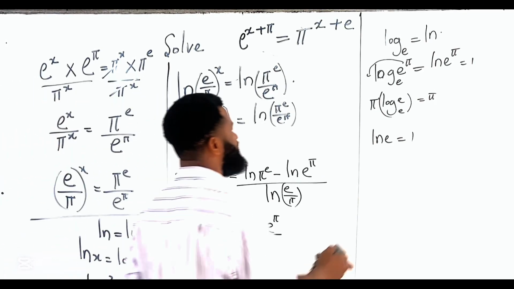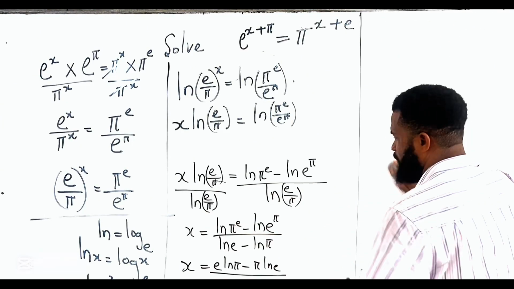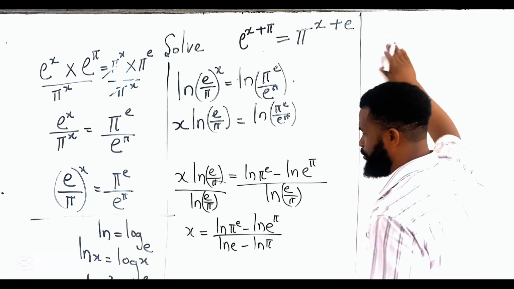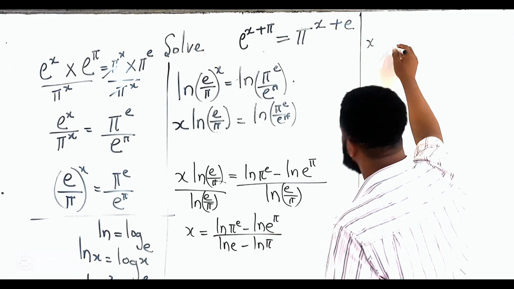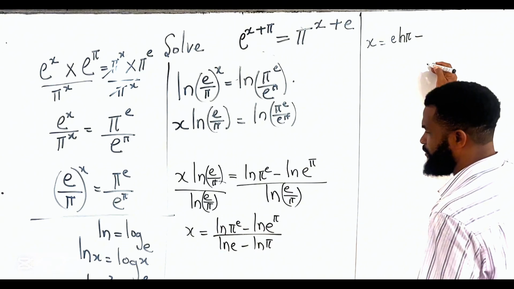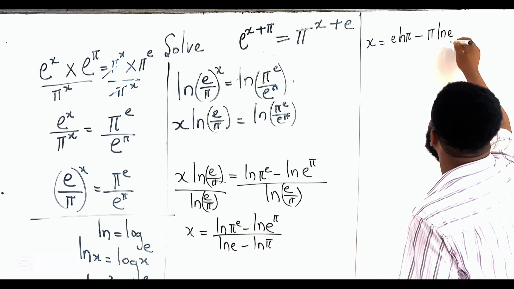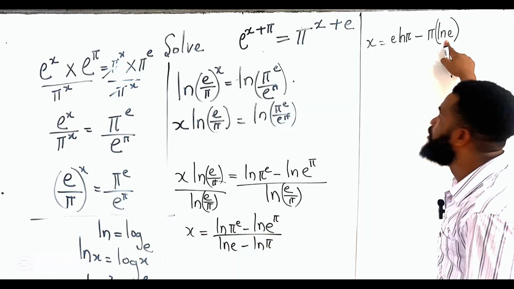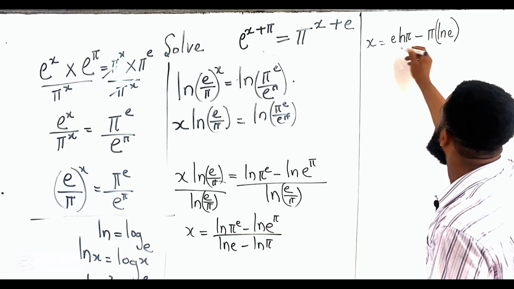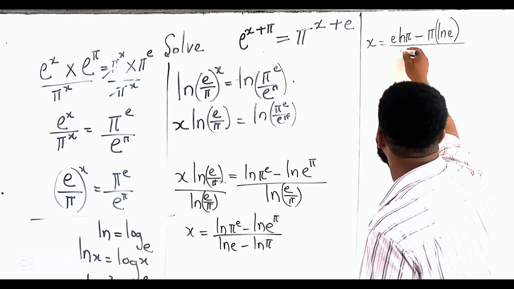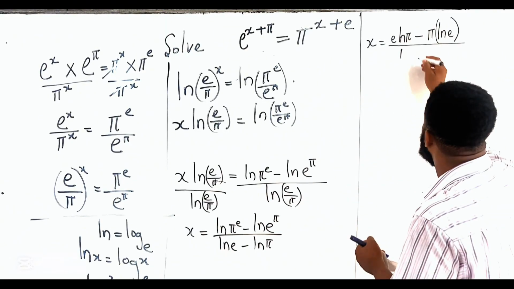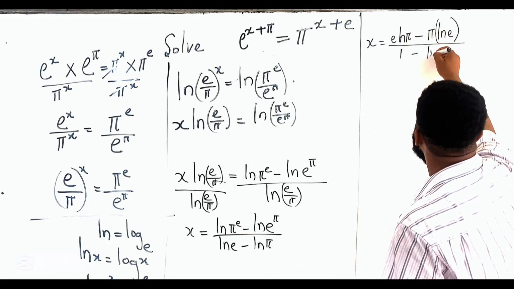Let me write it here. I am sure you understand this step I am taking right now. So x is equal to e ln pi minus pi ln e, and this ln e is 1, because this means log e base e, which is 1, all over 1 minus ln pi.